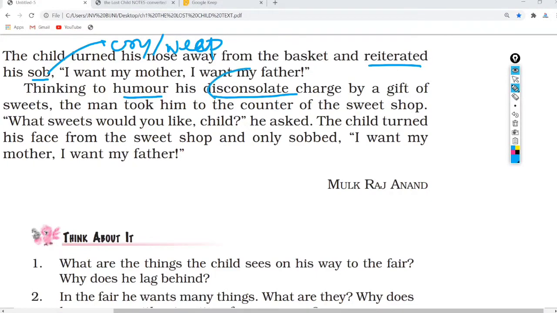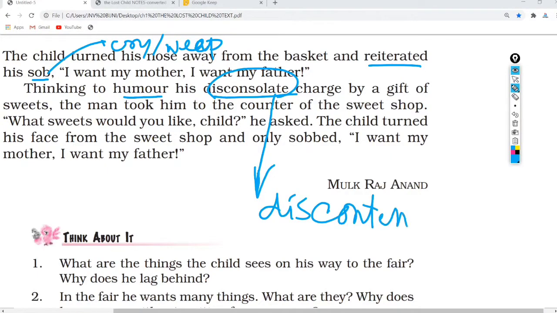Disconsolate means the person who cannot be made happy, means discontent. Content means happy. Discontent means unhappy. The person who cannot be made happy. Now, in order to make him happy, what did the man do?